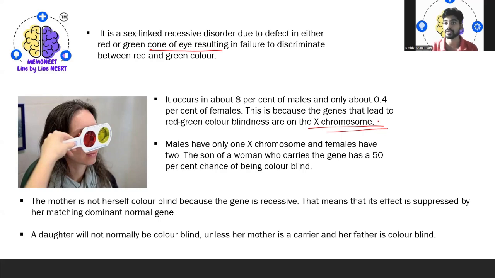That means his X chromosome is obviously also going to carry the color blindness gene, and the mother is also going to carry this color blindness gene. So as a result, all the sons will be color blind and the daughters might also become color blind. So this is a proportional ratio. But normally, since the mother is a carrier, the expression rate is higher in the male when compared to the female. This is clear.